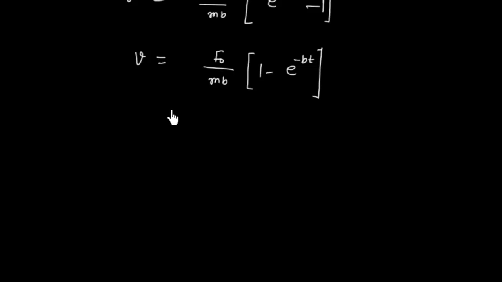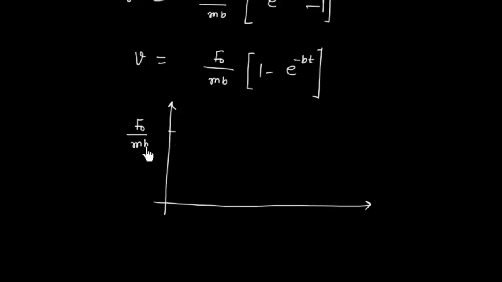We can plot this as a graph. So if I try to plot this graph, when t equals 0, the velocity is, oh sorry, when t equals 0, the velocity is 0, because this exponent is 0, so this term is 1, so the velocity is 0.